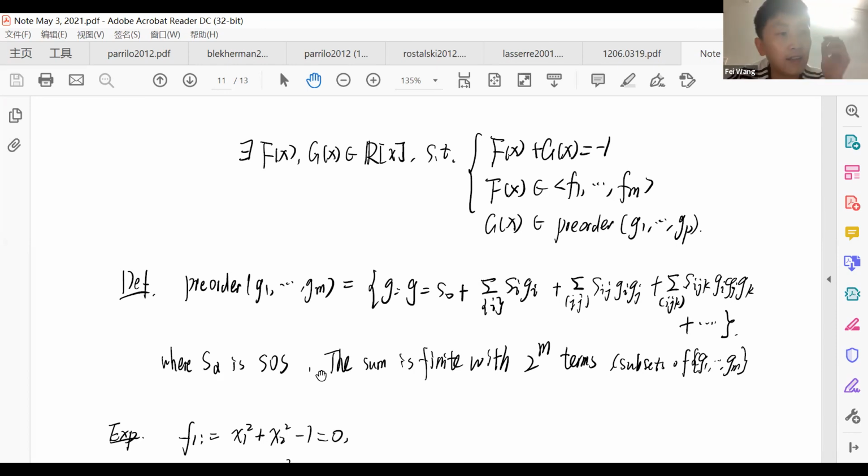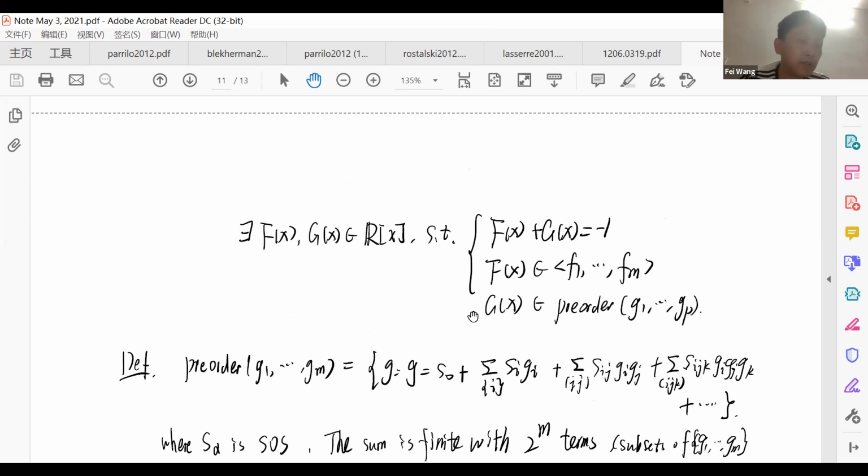So the sum is finite, with 2 to the power of m terms, because the indices i, j, k are just a subset of g1, ..., gm, and there are 2 to the power m subsets. This is the definition of the preorder.